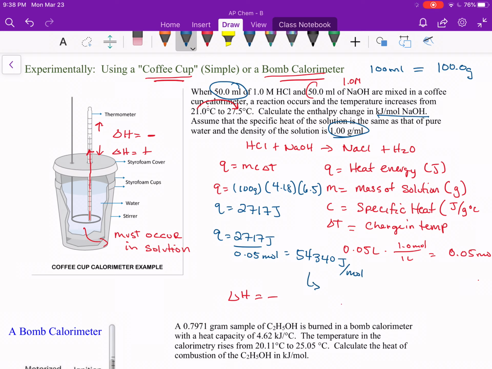But we want to convert this into kilojoules, and that's going to be 54.3 kilojoules per mole. And so since we know that delta H is negative because our temperature went up, our final answer would be delta H would be equal to a negative 54.3 kilojoules per mole.